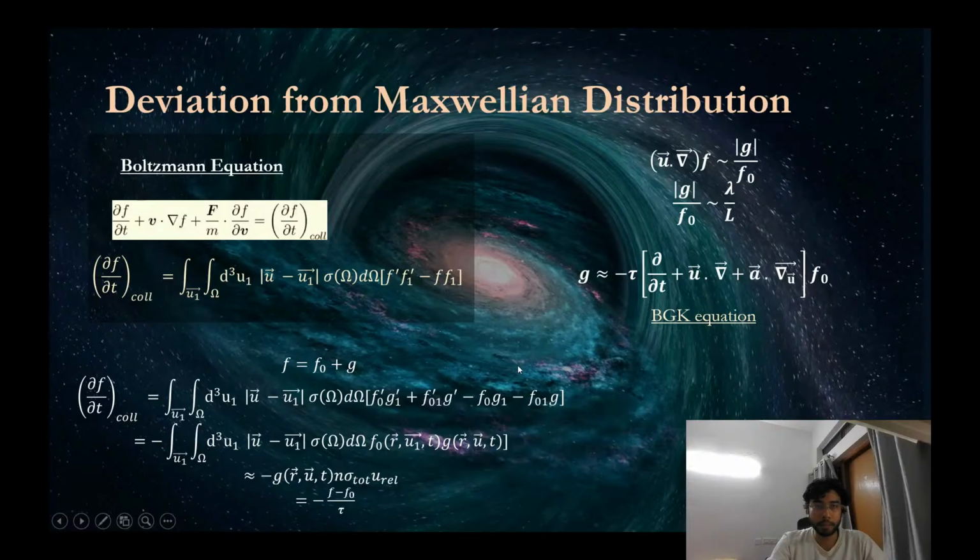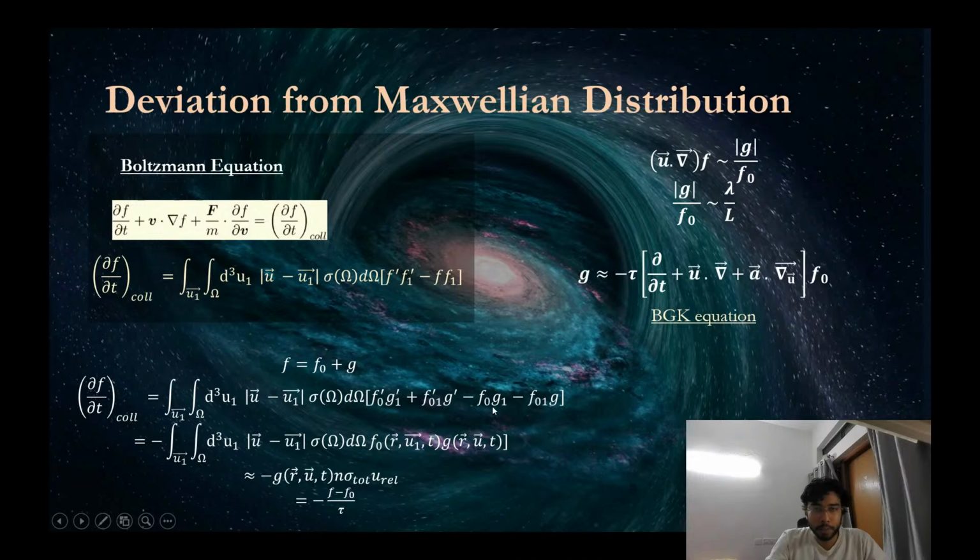So we will end up with this expression over here, right? And then we don't assume that the collision integral will go to zero. That will only happen in the Maxwellian case. But here we are assuming that the system is not in equilibrium, so this won't go to zero.